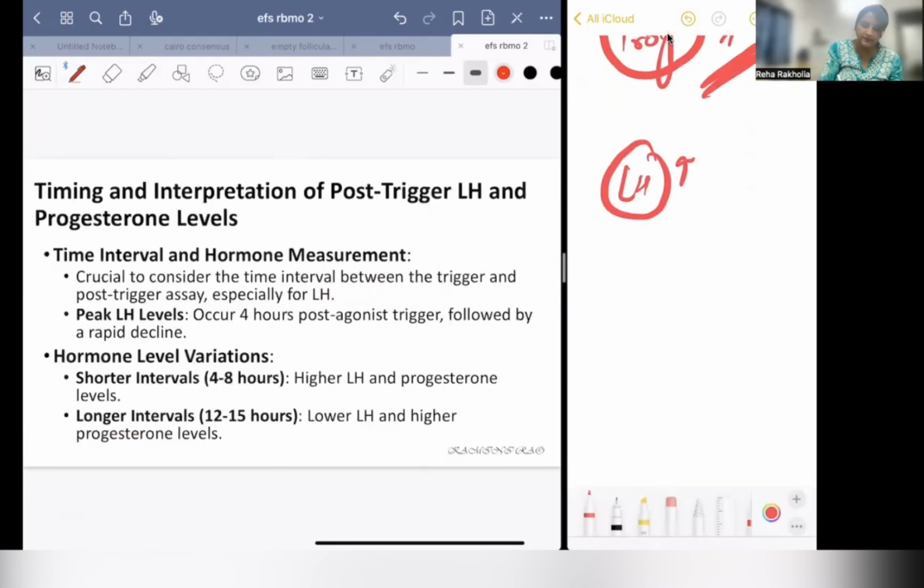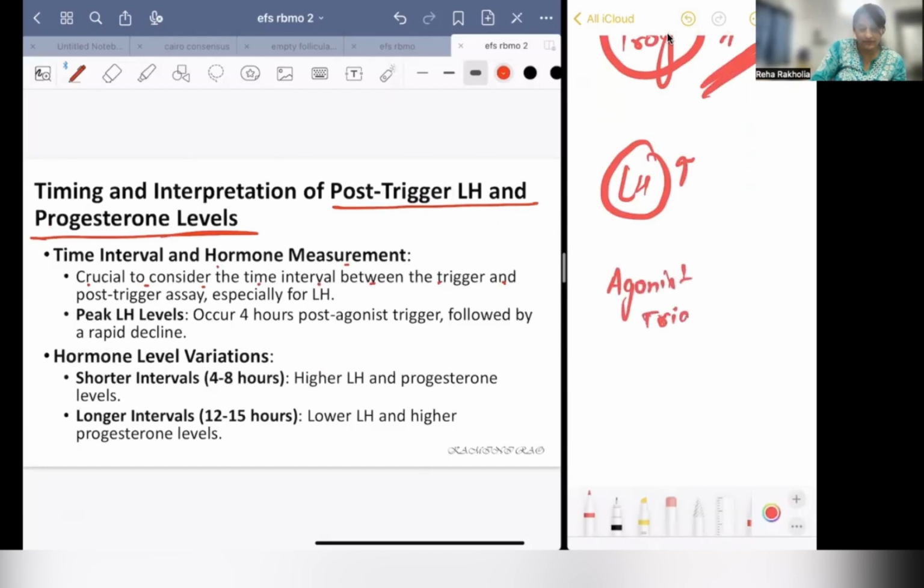Timing and interpretation of post-trigger LH and progesterone level. So, timing interval and hormone measurement. It is crucial to consider the time interval between the trigger and the post-trigger assay, especially for LH. When does LH peak after giving an agonist trigger?